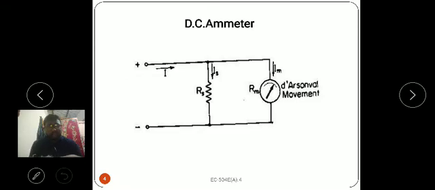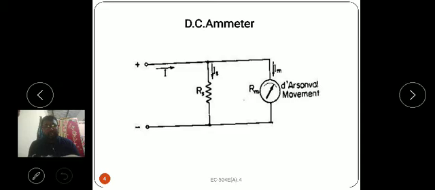An ammeter is always connected in series with a circuit in which the current is to be measured. To avoid affecting the current level in the circuit, the ammeter must have a resistance much lower than the circuit resistance. That is the ammeter circuit.